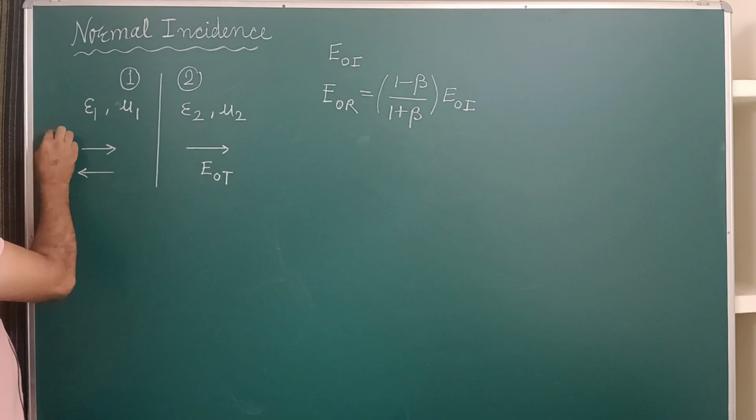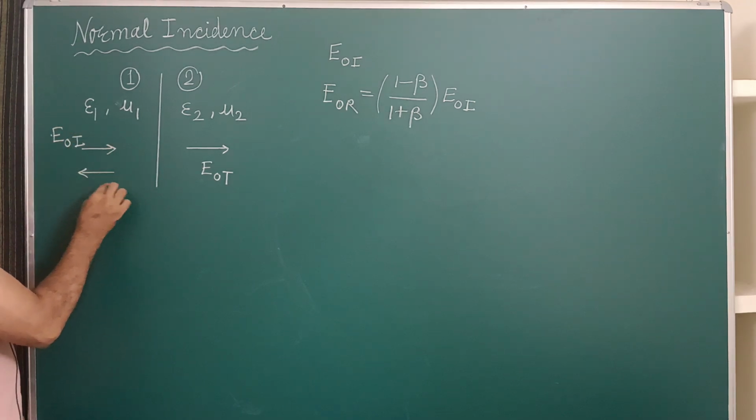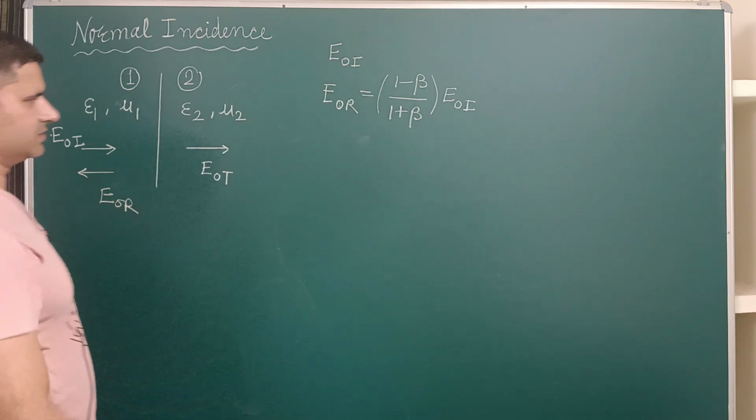The amplitude of the incident wave is E node I, and of the reflected wave it is E node R. We have done this.